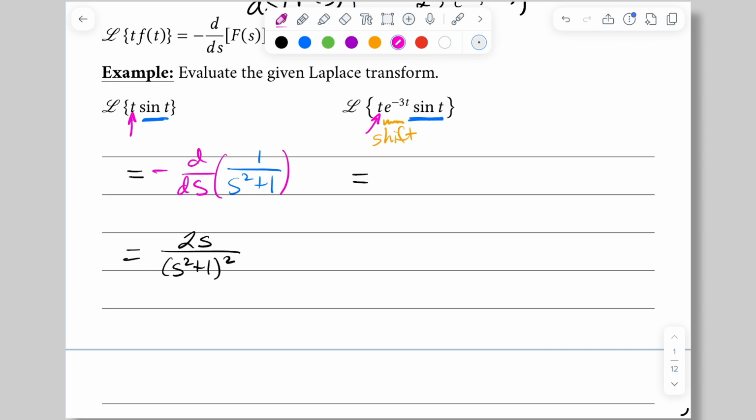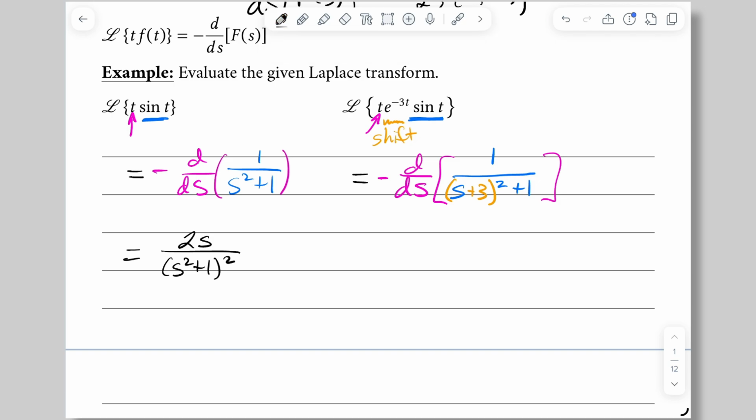So piecing this together, we've got the negative derivative with respect to s of the transform of the sine of t, which would be 1 over s squared plus 1, with a shift because of the exponential. So instead, it's 1 over the quantity s plus 3 squared plus 1. All the little factors in there are telling us to do different things. It's basically a set of instructions.